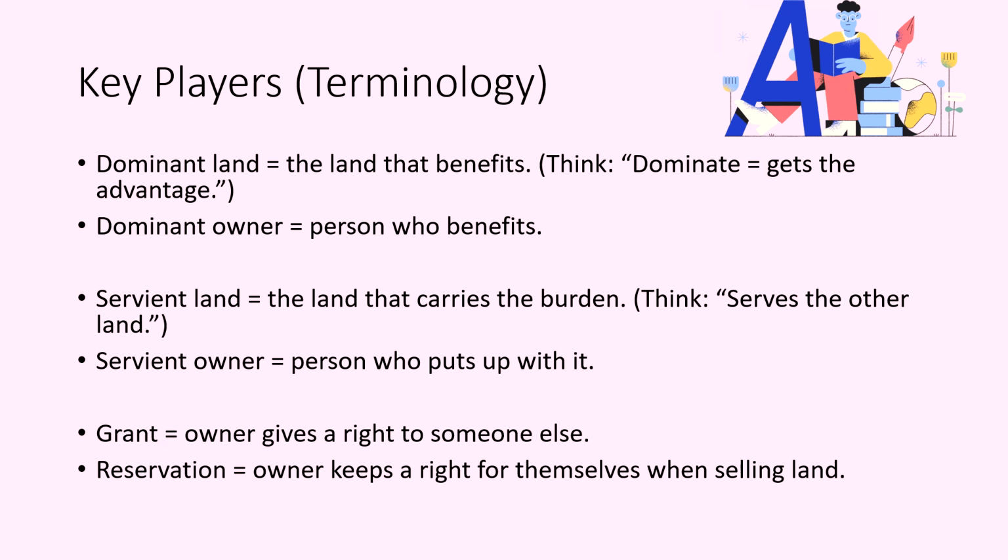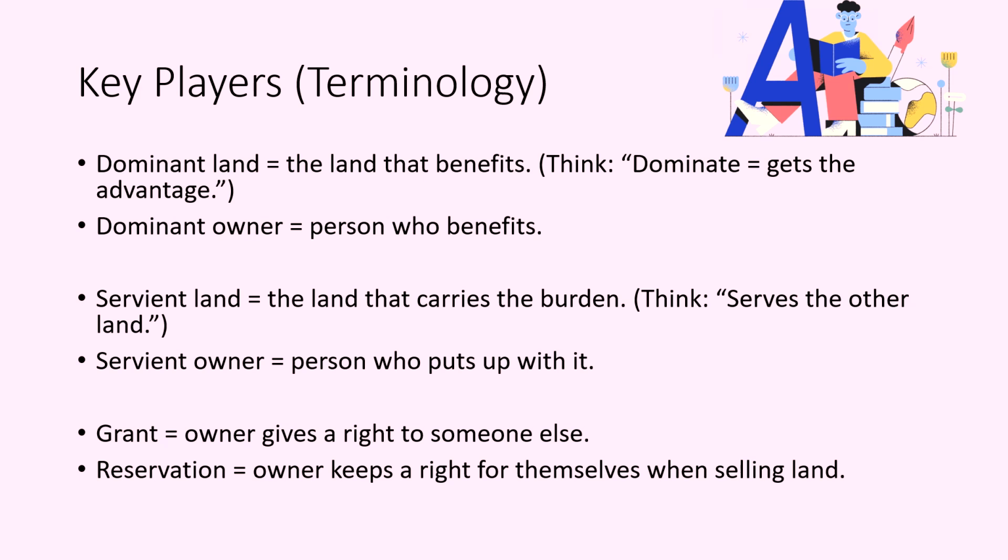Reservation, that links up to a change of possession. So when I then decide to maybe sell part of my land, maybe just a small little area like a garden shed, a barn, a small garden plot I don't use, something like that, but I do want to have some kind of access because I've got storage there or whatever, and I keep this right even though I'm selling the land.